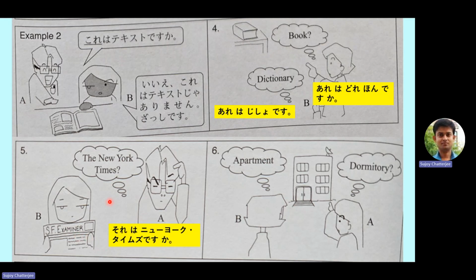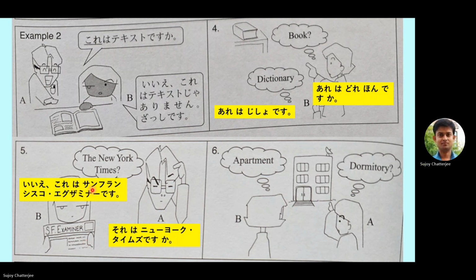Because he is at a little distance from this girl, it will be "Sore wa New York Times desu ka?" You can see here New York Times, taimuzu. So "Sore wa New York Times desu ka?" The answer will be "Ie."